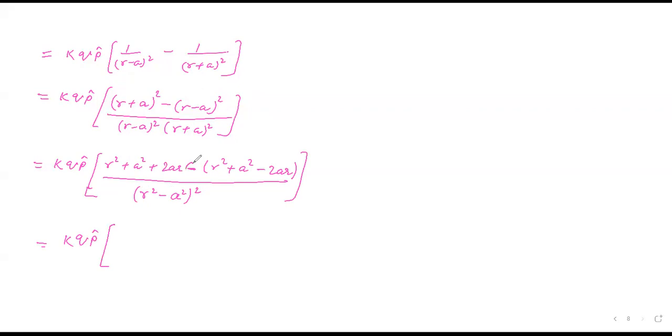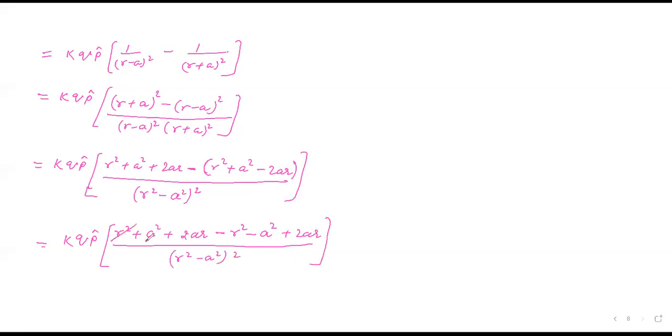When you multiply this minus sign into this bracket, we get R square plus A square plus 2AR minus R square minus A square plus 2AR over (R square minus A square) whole square.